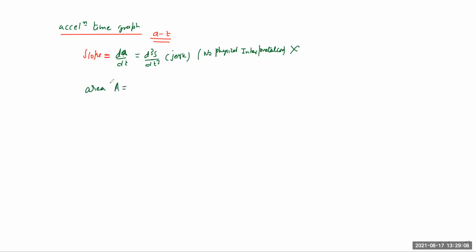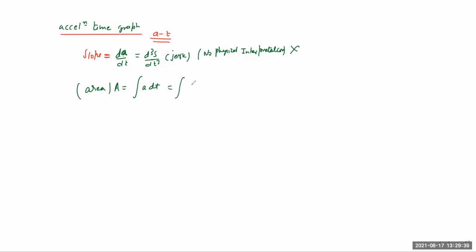What is the meaning of area? A dt, integration of A dt, right? So area is the integration of A dt. Is it velocity? No. Why not velocity?